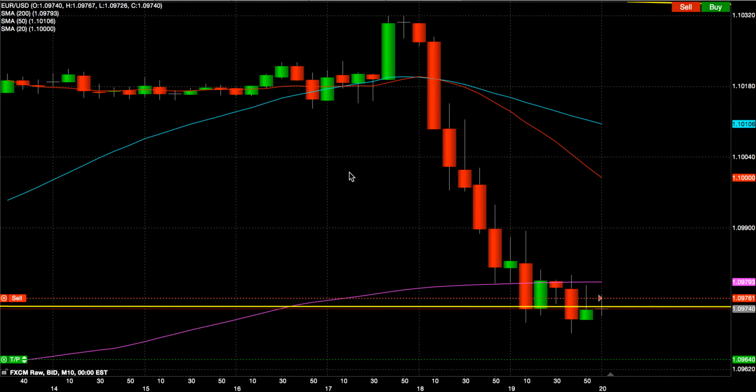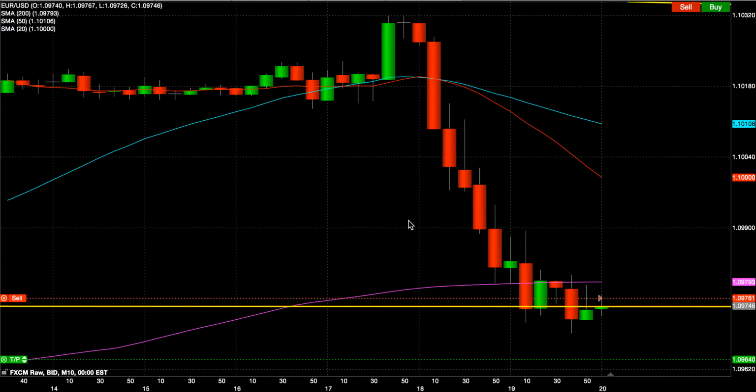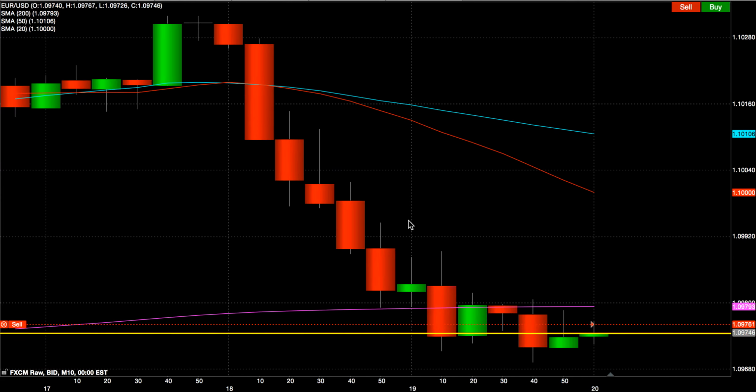So right now I'm up about 2 pips. Not bad. I am expecting the 200-day moving average, which is this purple line, to act as resistance now.